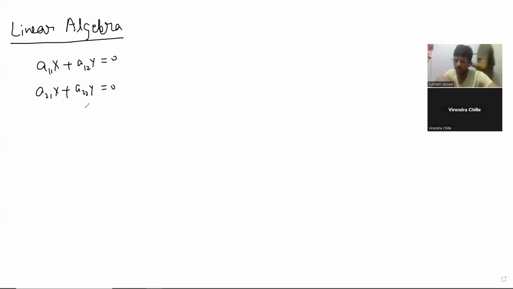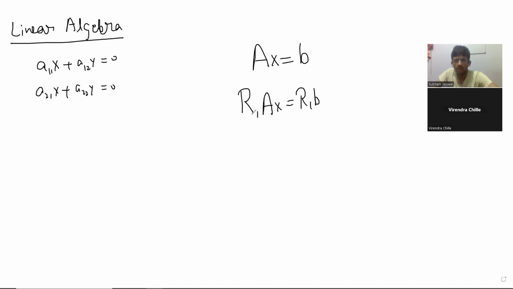All right. So before we talk about this, one thing you already know: if this is Ax = b, and if I apply a row operation, then this becomes a new system. This again is a column vector, and this is again a similar kind of thing.